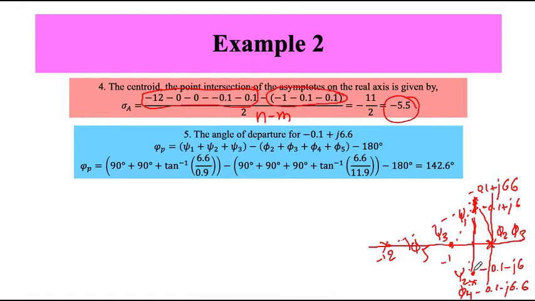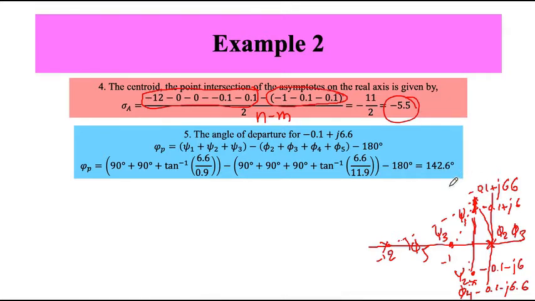So for the angle of departure, I just need to compute the angle by the zeros minus the angle by all the poles. There is no contribution of this pole with itself.